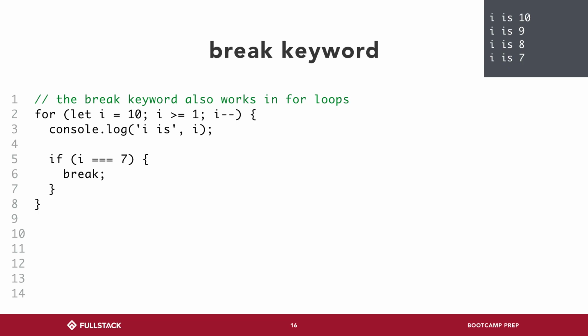In this case, there's no functional difference between setting this loop up to 7 or doing the break here. But I would recommend if you set up your for loop incorrectly, don't use a break keyword just to clean up your mistake. Because when I read the code, it looks like your initial intent is to go from 10 down to 1, and I will have no idea why you broke. So if you make a mistake, just go fix your for loop.